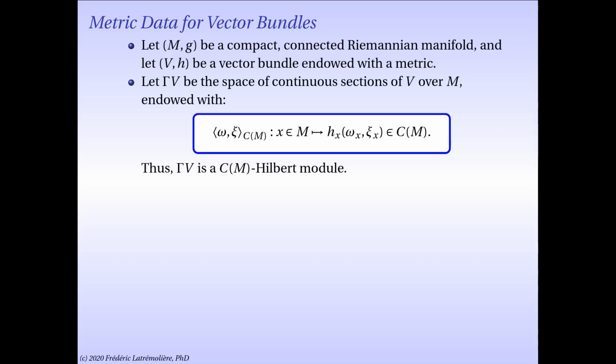As we saw, gamma of V is a Hilbert module over the C-star algebra C of M. Moreover, the module gamma of T of M of continuous sections of the tangent bundle, that is, the module of continuous vector fields over M, is also a Hilbert module using the Riemannian metric g.